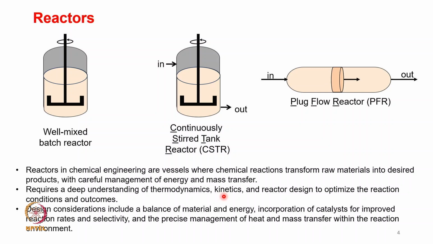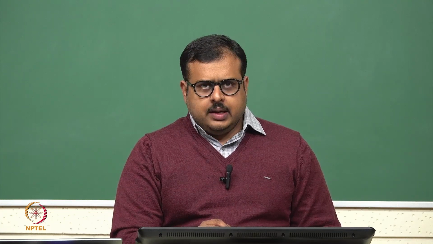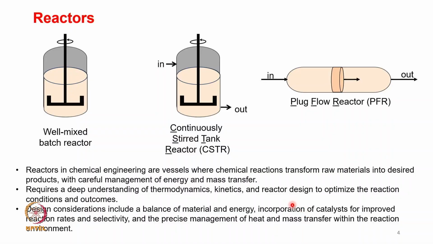So, what are the key design considerations in designing a reactor? The design considerations include of course material and energy balances, and any reaction would possibly be catalyzed by an entity called catalyst, which helps you to reduce the activation energy barrier. You need to incorporate the catalyst for improved reaction rate, and not only that, even improved selectivity.